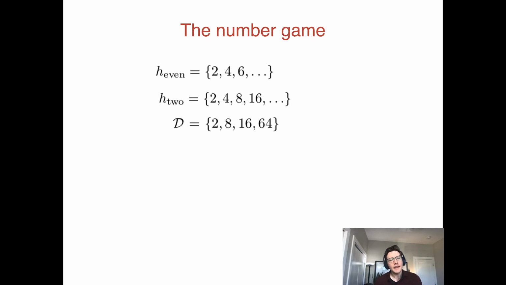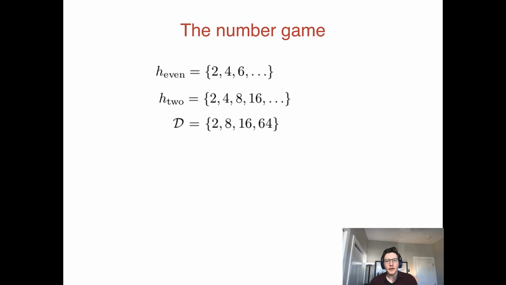As a human, it's very intuitive to us that if we saw this list of numbers, 2, 8, 16, 64, it's probably a good idea that the concept is the powers of 2, because all these numbers are powers of 2, and it's hard to imagine that we would get this set of numbers with the concept not being powers of 2.